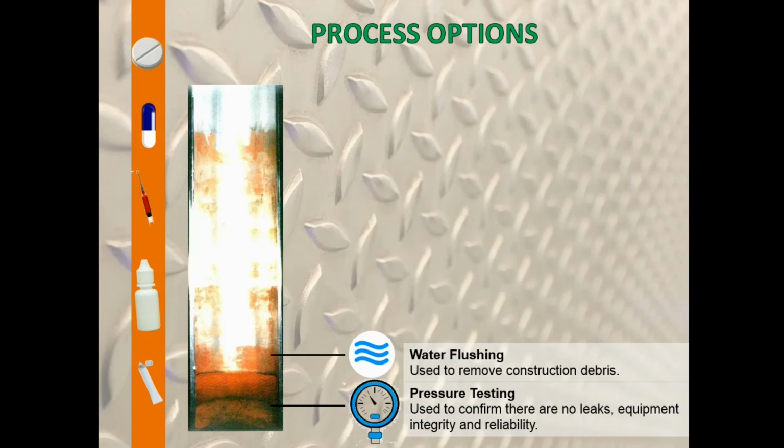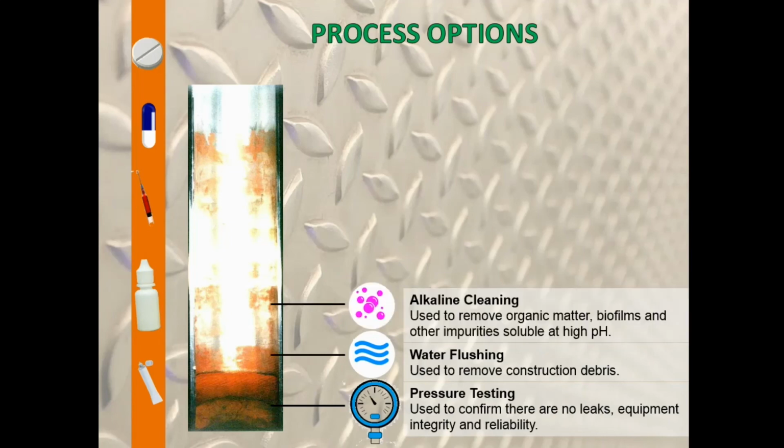During the water flushing, we can remove particles, and we can also heat the water. The alkaline cleaning can remove organic matter, biofilms, and other impurities soluble at high pH.